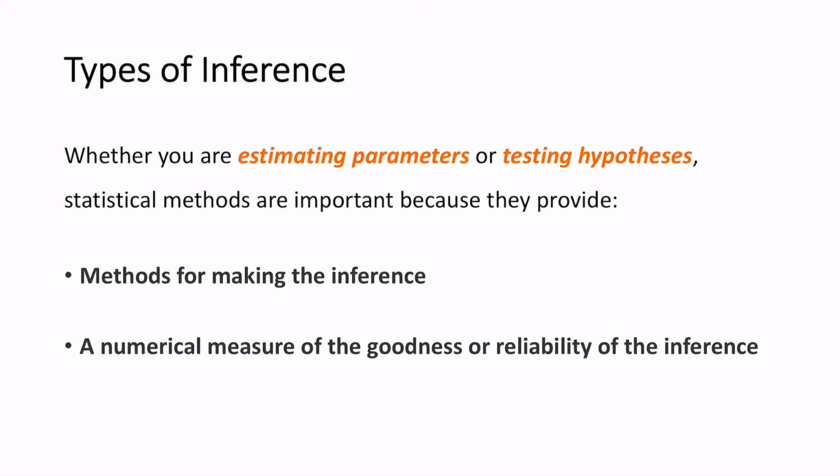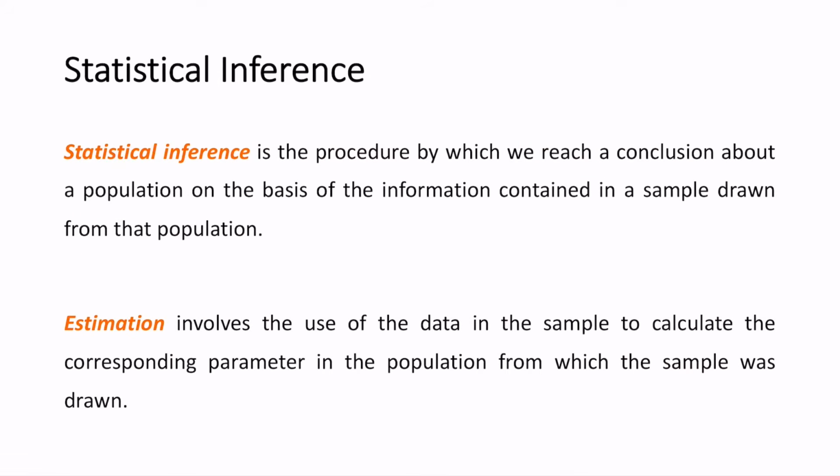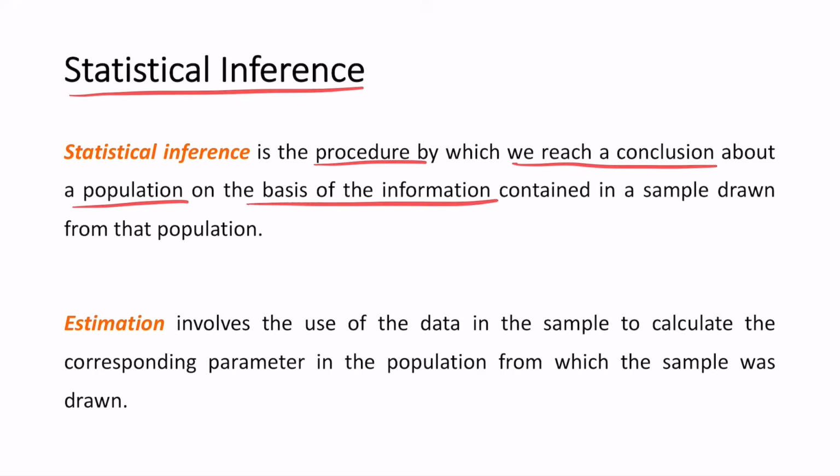Now, whether you are estimating parameters or testing hypotheses, the same statistical methods are important because they provide, number one, the method for making the inference, and number two, a numerical measure of the goodness or reliability of that inference. So statistical inference is the procedure by which we reach a conclusion about a population on the basis of the information that is contained in a sample drawn from that population.